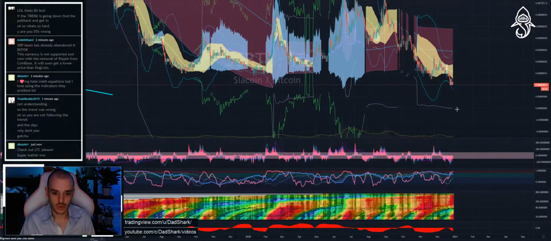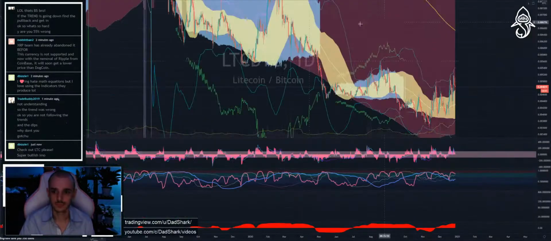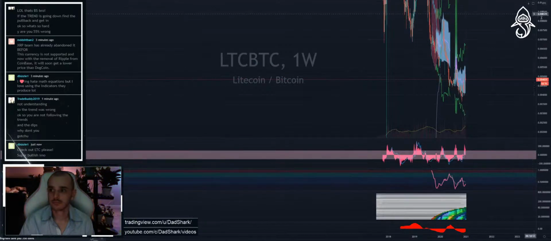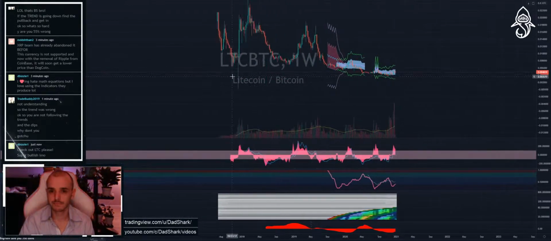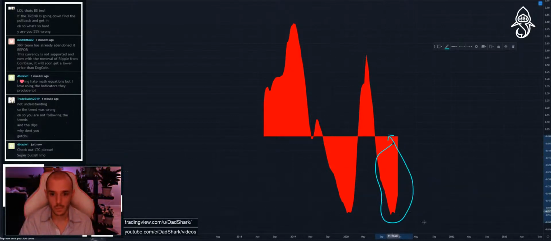Check out Litecoin. Okay. Here in the weekly, you just have inverse correlation, like all the way through. It is rotating up, though.